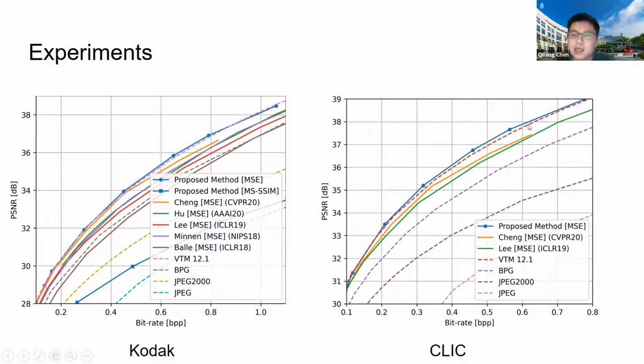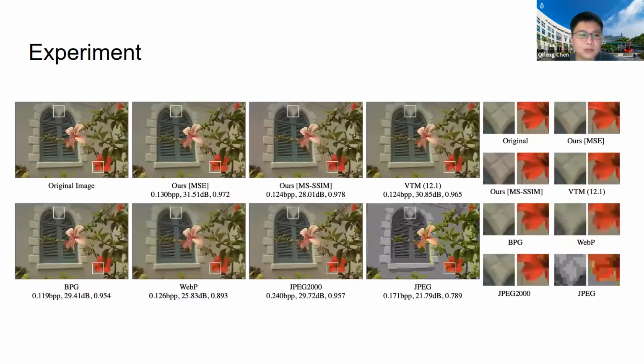I think comparable to the VTM. But we believe the learning-based approach will become stronger in the future. And there is some visualization of the results. This is our result. This is the ground truth. Here is the VTM. Here is JPEG. JPEG doesn't give us any good results here.